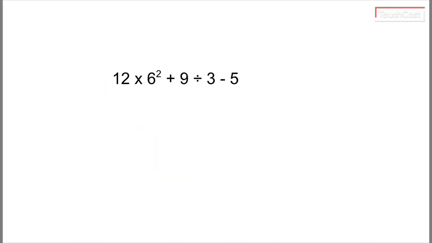Next example. We don't have any grouping symbols, so we can move to exponents. We do have an exponent, so 6 to the second power, remember that means 6 times 6, which is 36. So we have 36, and then we're going to rewrite everything else in the problem.